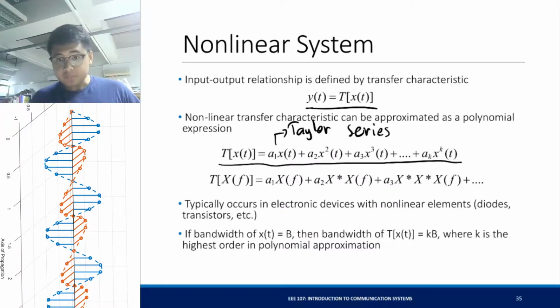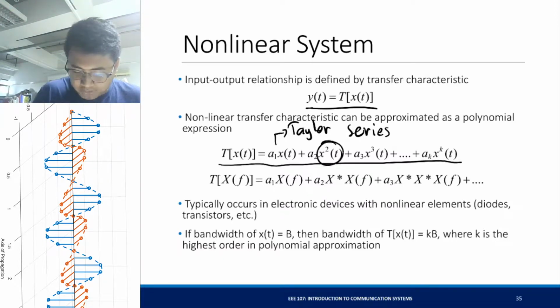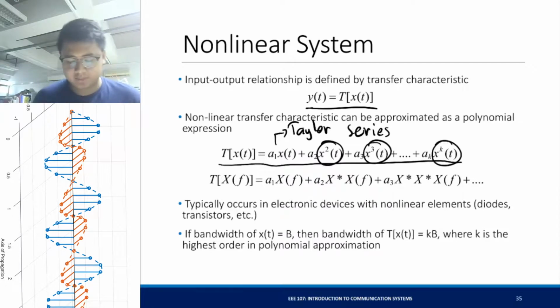Okay? So, generally, the transfer function of a nonlinear system has powers of the signal. Okay? And if we get the frequency response of that, we have a lot of convolution right here.